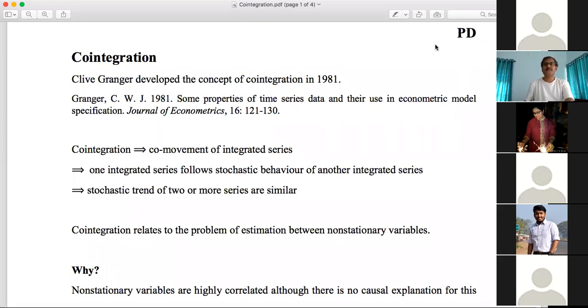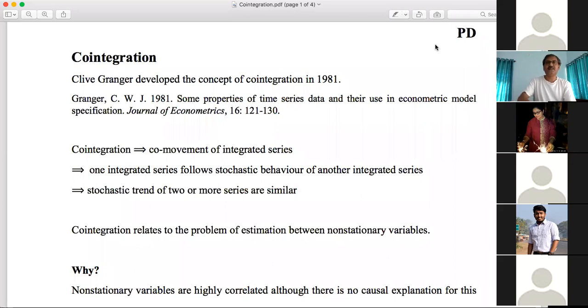Till yesterday's class, we concentrated on a single time series, Yt, and looked at its stochastic behavior: whether a unit root is present or not, or the nature of non-stationarity, non-stationarity because of a unit root, or without a unit root. Today we consider more than one time series together.